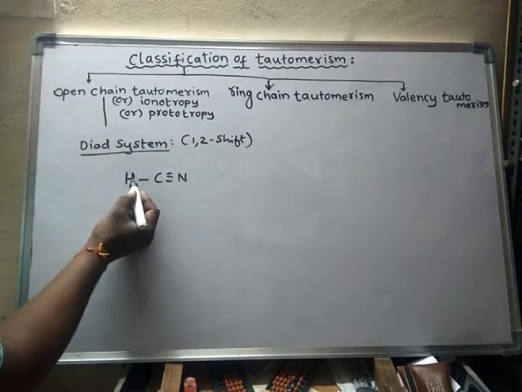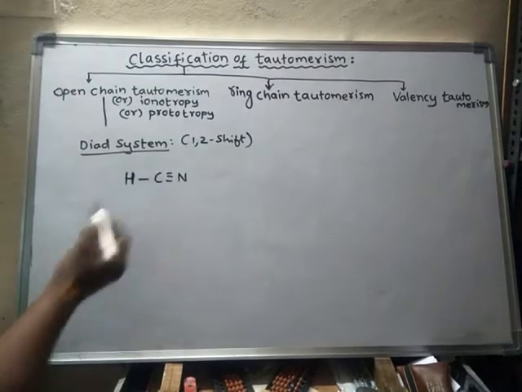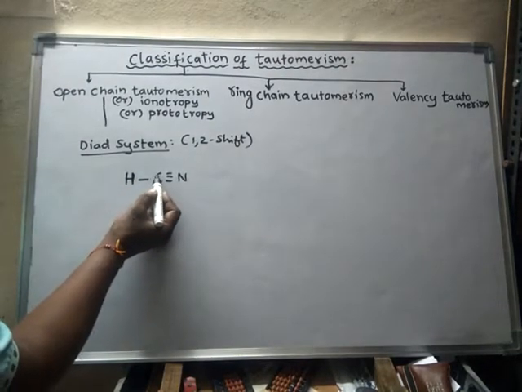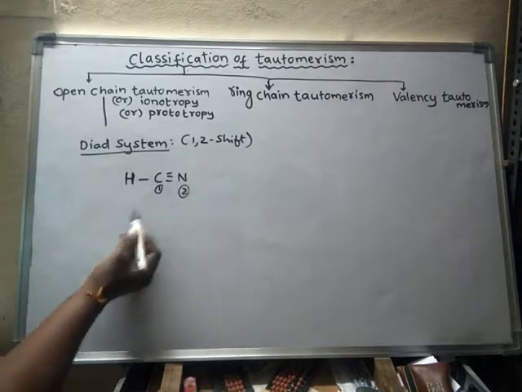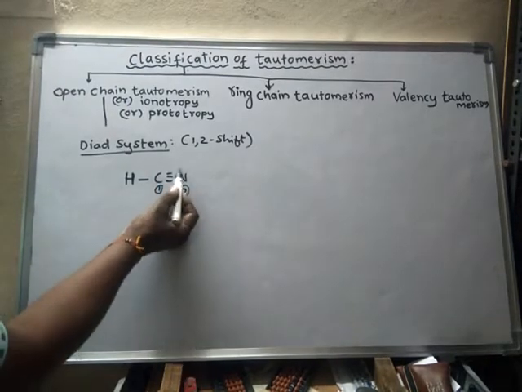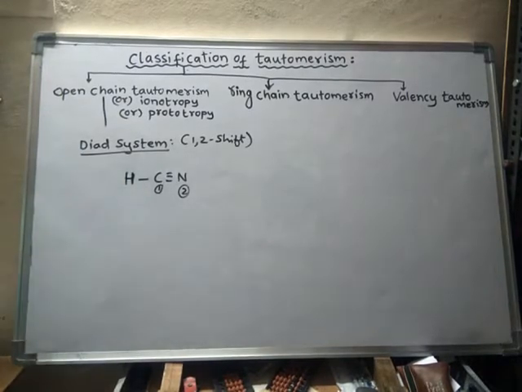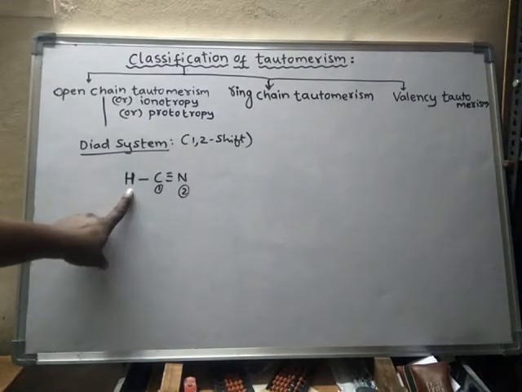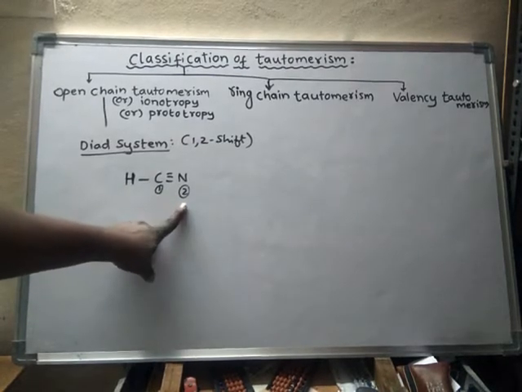The hydrogen which is attached to this carbon will shift from this first atom to the second atom, the more electronegative atom. So in the dyad system, hydrogen will shift from the first atom to the second atom, which is more electronegative.